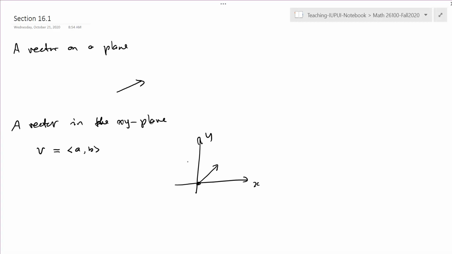But we can draw the same v as a family of objects in the xy plane. They are all parallel, but the starting point will be different. You just move the same object over this way. Those are also called the vector v. So don't be confused. That's really not a very precise definition because it's mixed up with the terminology in physics.